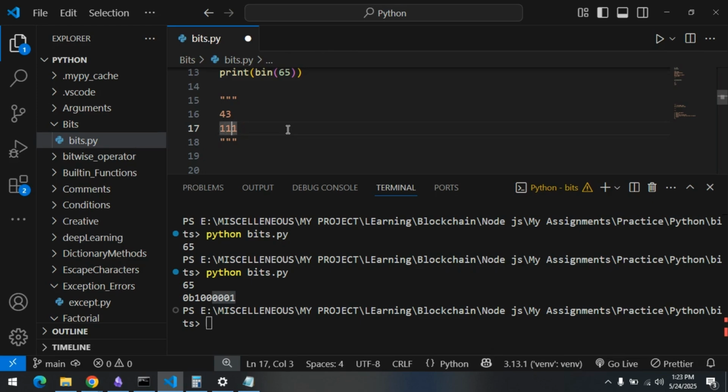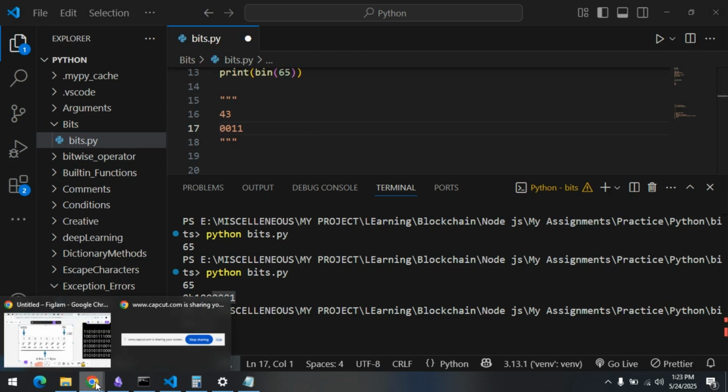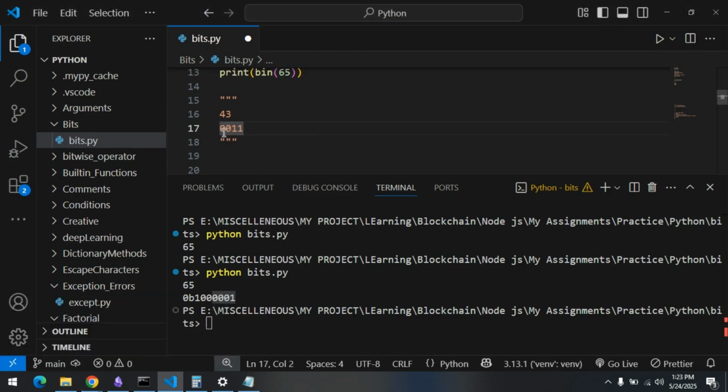Okay. So let's have a look at another number. Let's just have a look at this diagram. So let's say we're trying to convert 43.